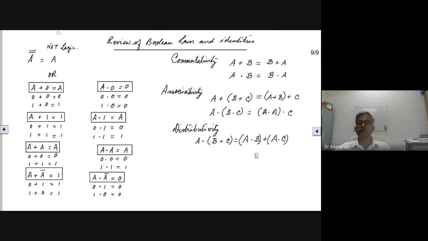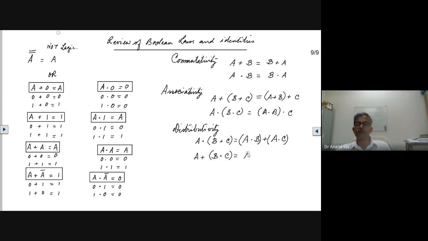A and B, or we can also consider A or B and C. This is also going to be distributive.